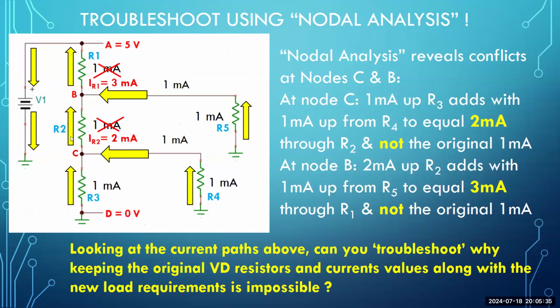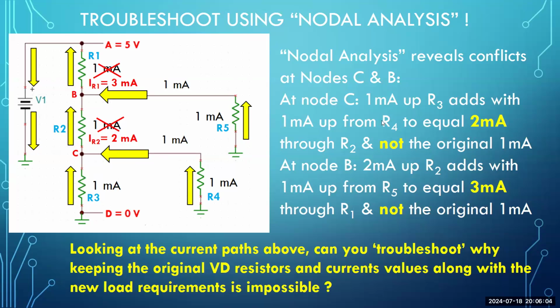So that current must be an outbound current, and it must be the sum of the inbound currents. So what is the sum of 1 milliamp coming in from R4 and 1 milliamp coming up from R3? So you know that 1 milliamp plus 1 milliamp must add up to 2 milliamps. Hence, we put the X on the original 1 milliamp.